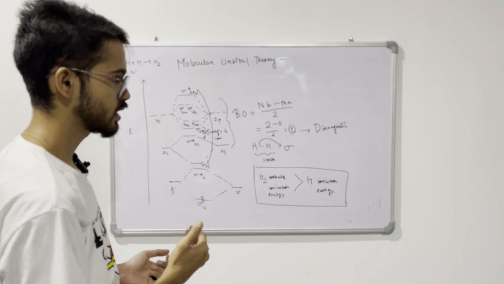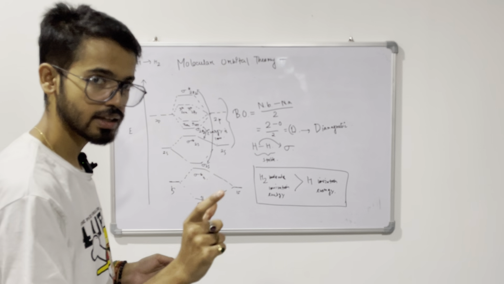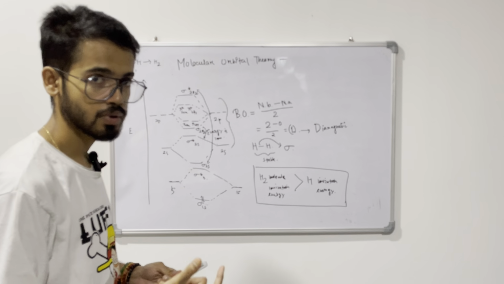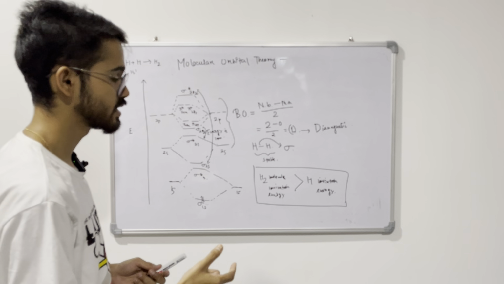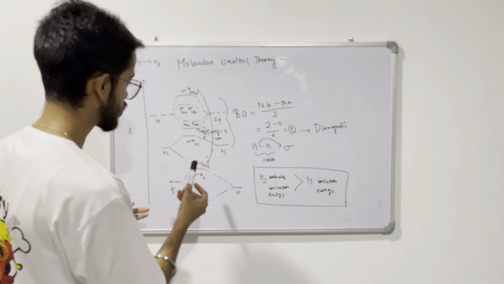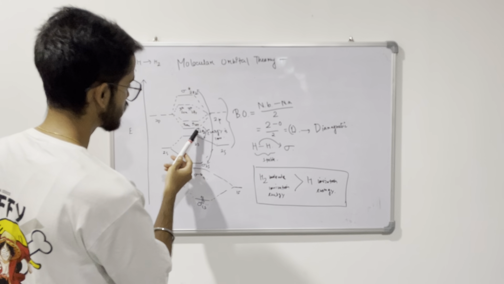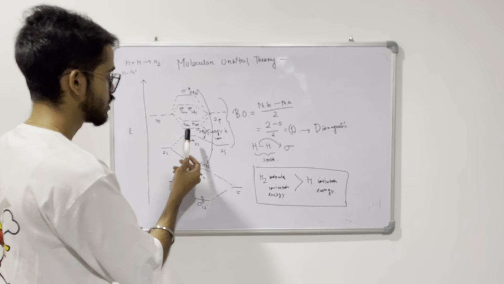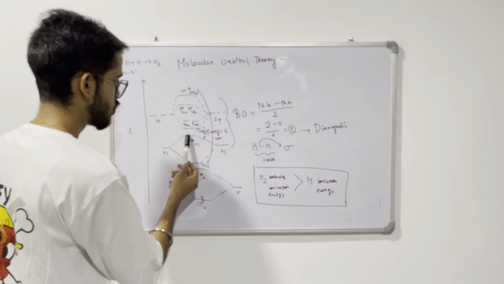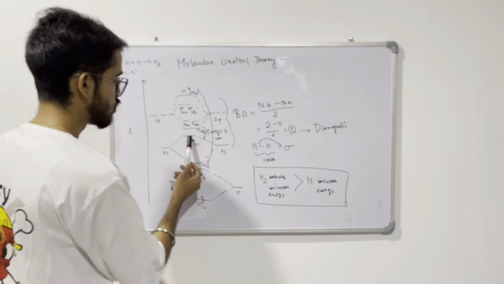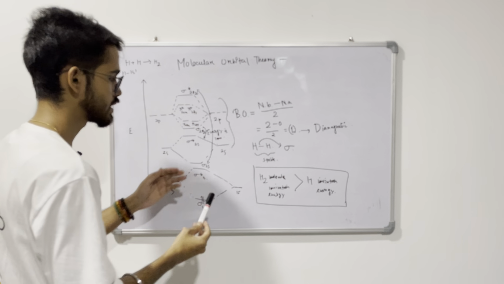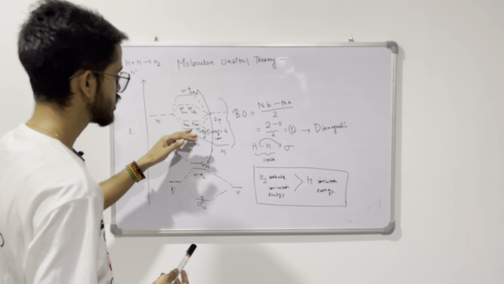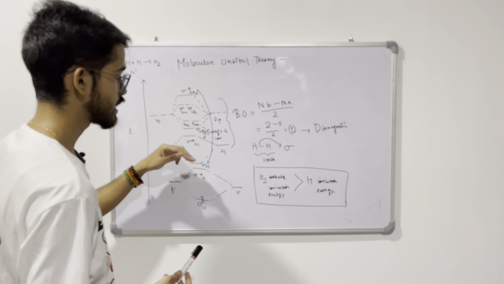So what I say is that when the size is larger, sp mixing occurs, and because of this the sigma star 2s and sigma 2pz combine, as a result of which the lower orbital energy slightly decreases and the upper orbital energy slightly increases.